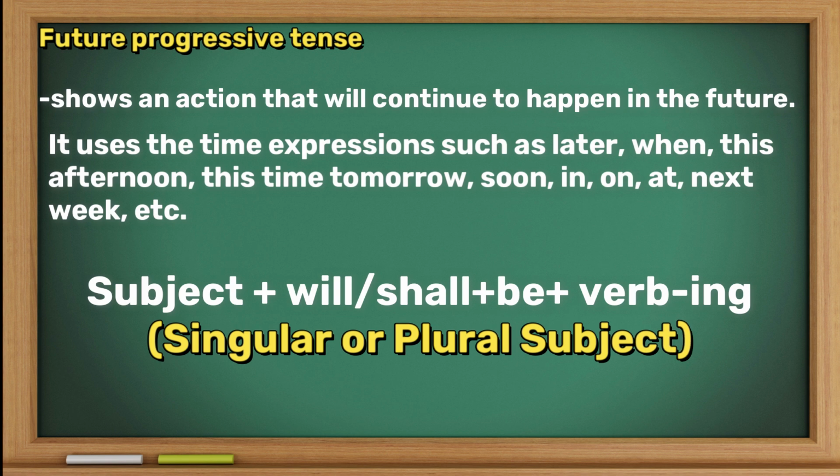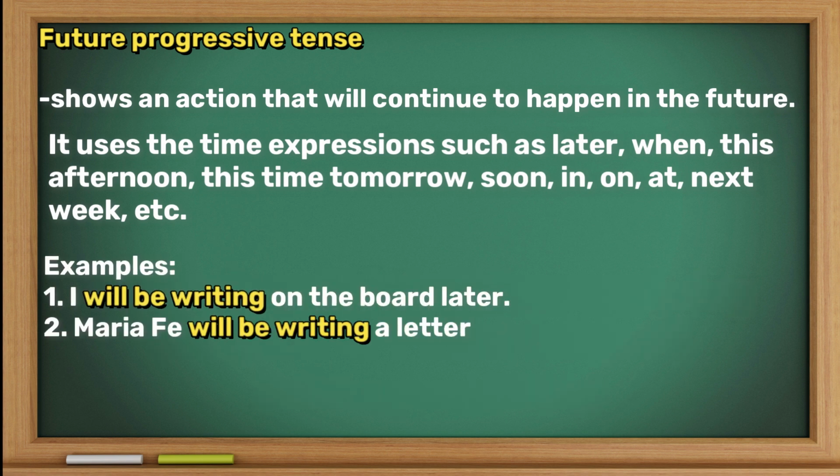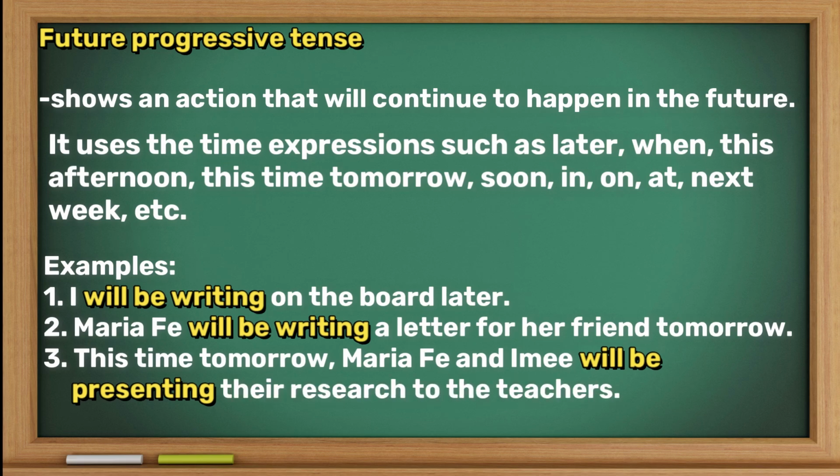For singular or plural subject, subject plus will or shall plus be plus verb with ing, like will be presenting. Examples: I will be writing on the board later. Maria Fe will be writing a letter for her friend tomorrow. This time tomorrow, Maria Fe and Amy will be presenting their research to the teachers.